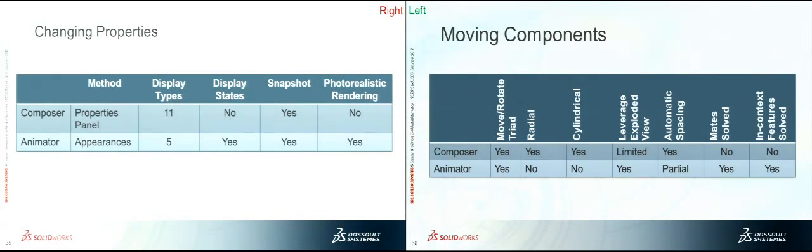For display types, on the Animator side, I only really have 5 display types, and those are all the standard ones, like shaded, shaded with edges, etc. She's got a lot of presets for technical documentation. It's just one click, it's there. I have display states, which is kind of a neat thing, and one of the areas of differences is she's got a thing called views, which captures a lot of different things together.